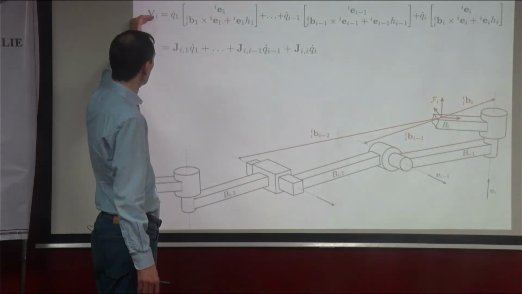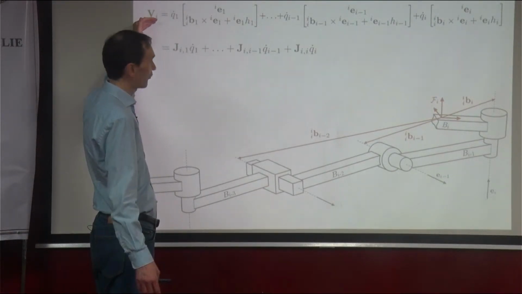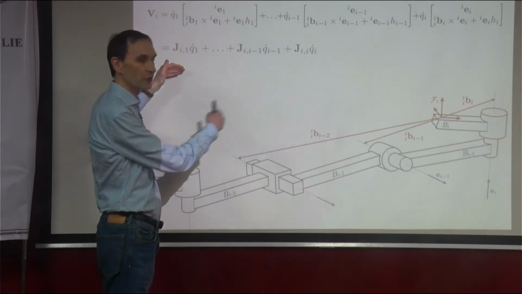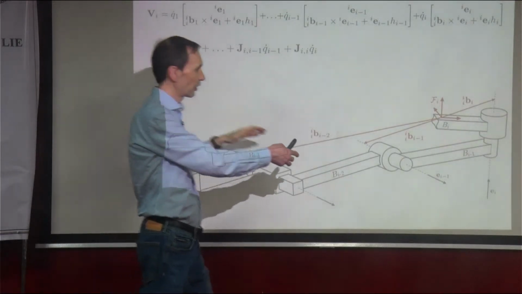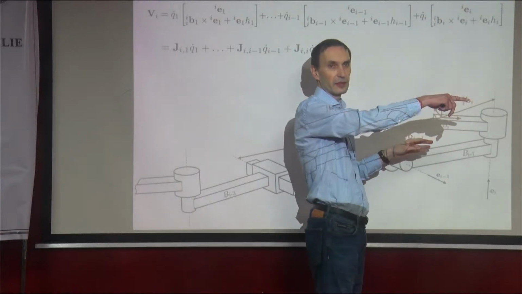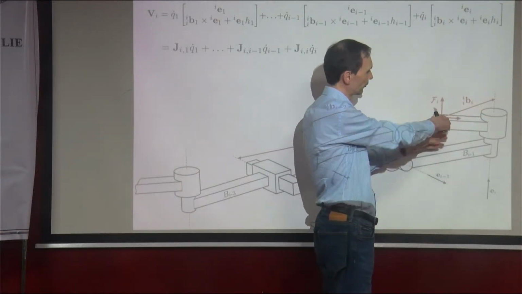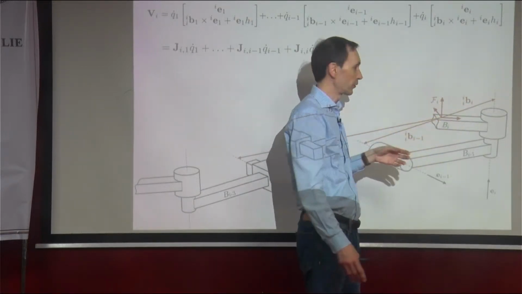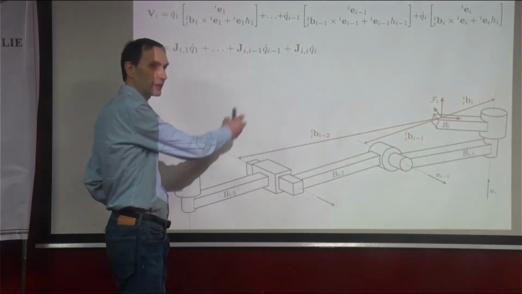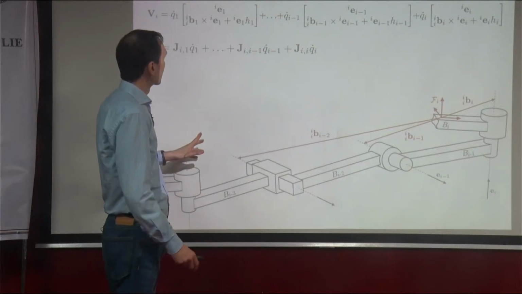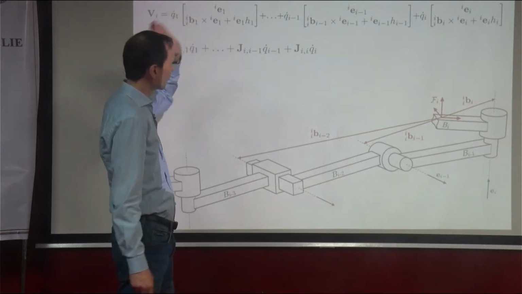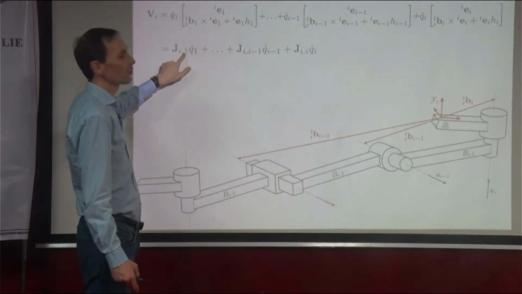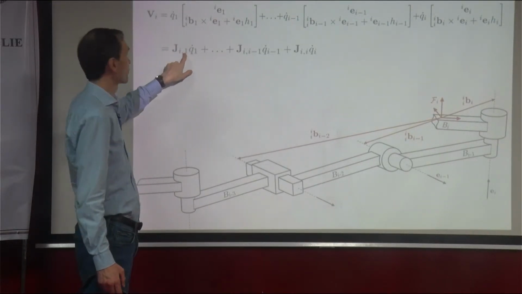And the velocity of body i only depends on joints 1 to i, because whatever comes after this body doesn't influence its velocity; it's all fixed to the ground. Each of these columns gets a name: J, and then comes the index of the joint.